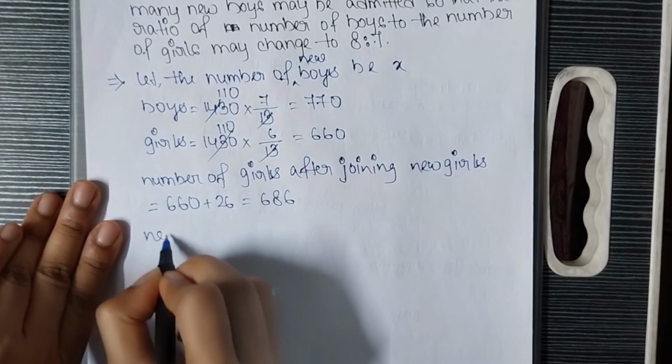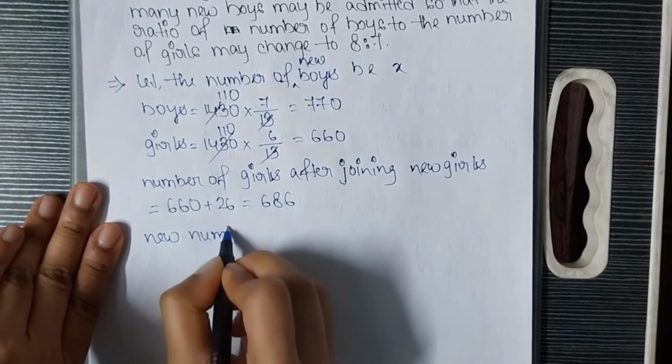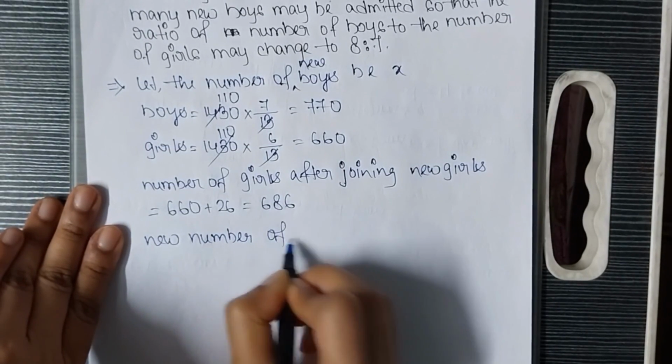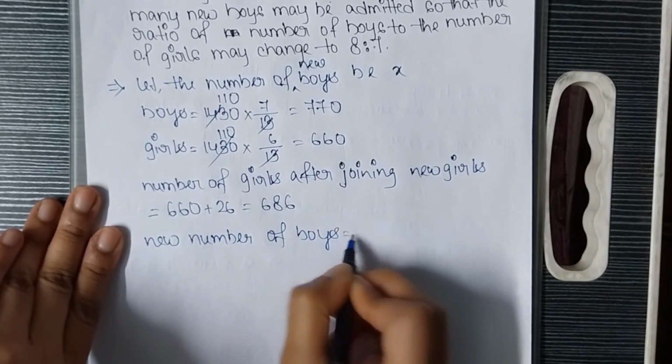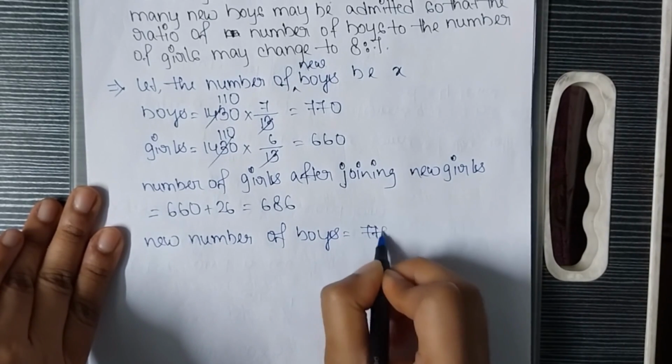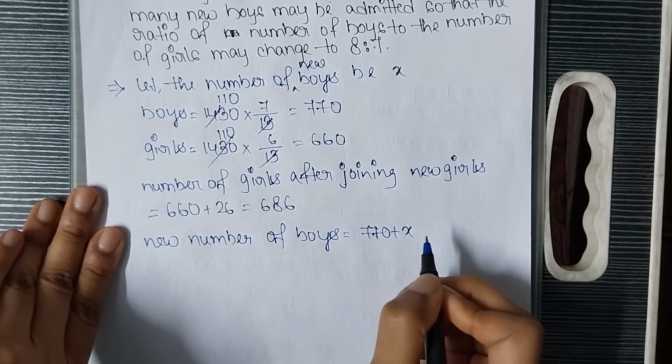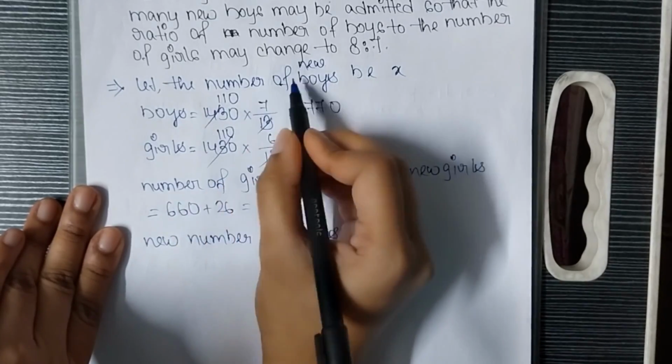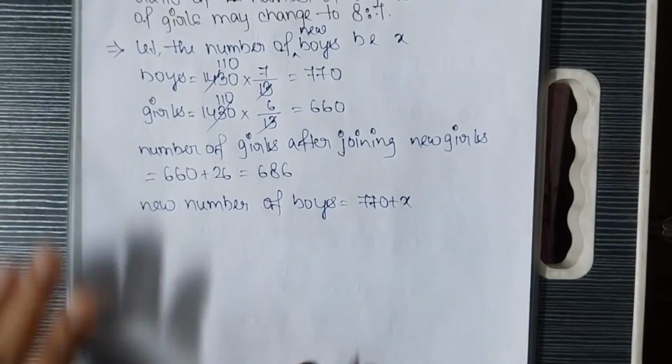And the new number of boys will be 770 plus x, as we have assumed it that the number of new boys will be x.